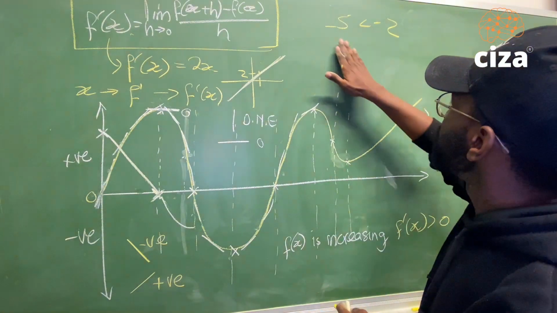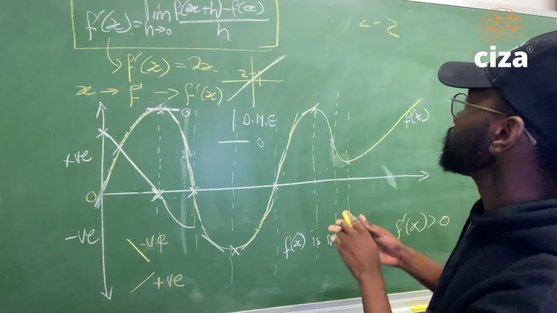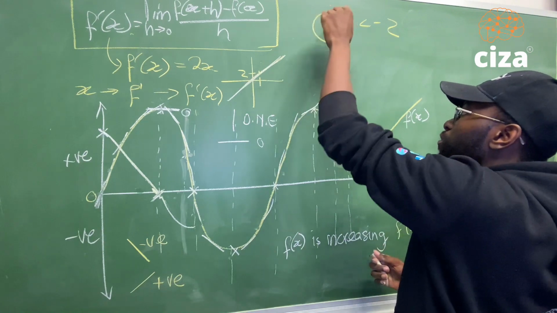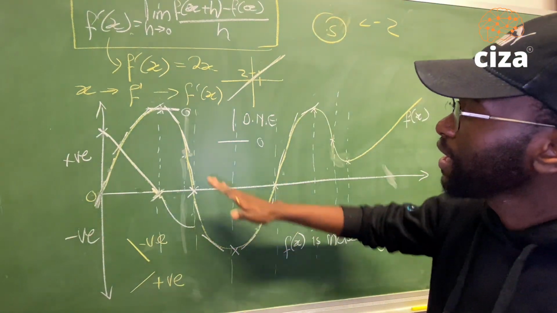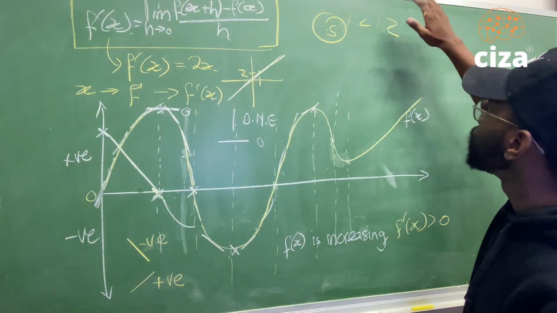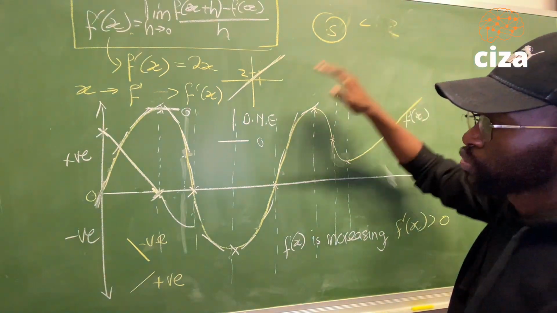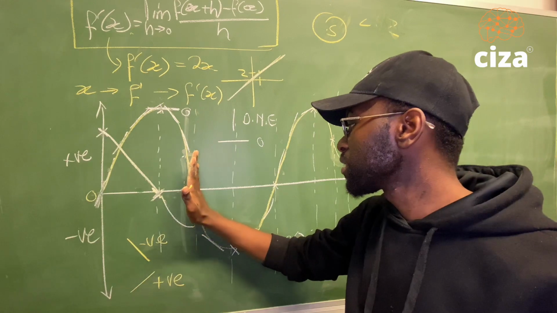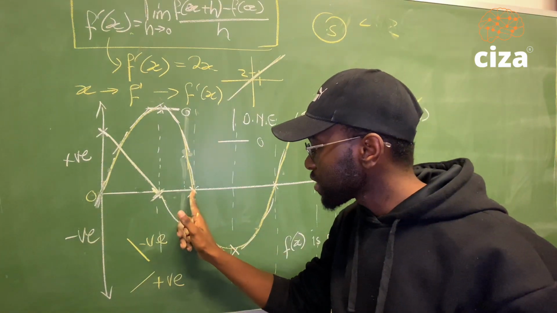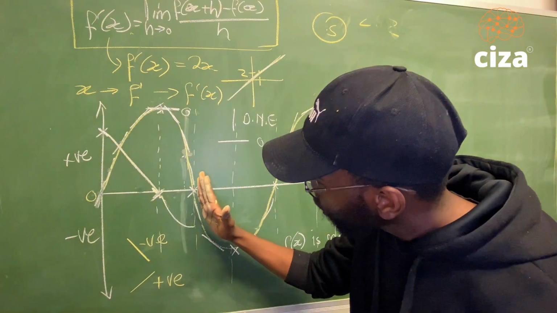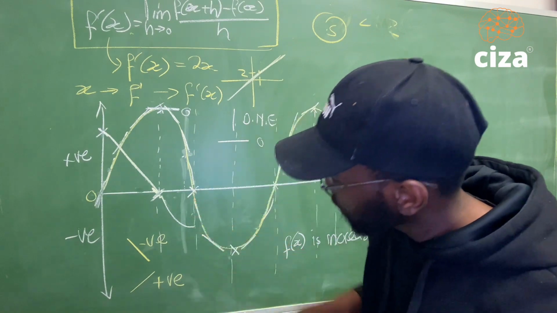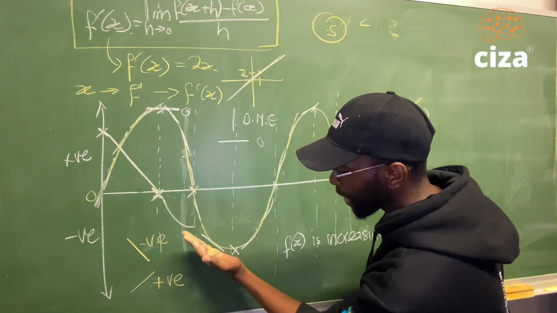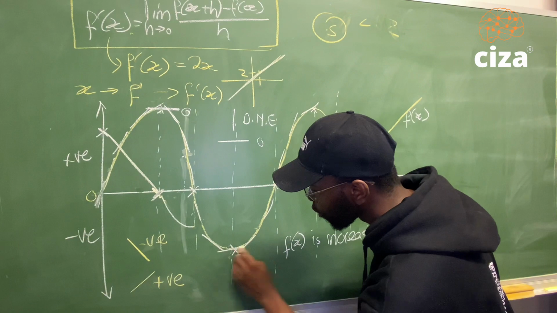I'm just saying, if we look at the gradient itself, the value 5 is greater than the value 2. So this gradient becomes steeper and steeper. But once it passes this point, it starts to become less steep again, until it reaches 0 here.